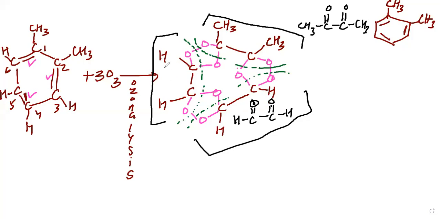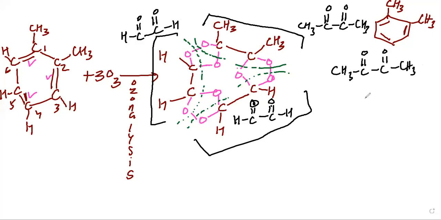And the same way, we are going to get H, then this C with double bond O, then again C and double bond O, and then H. So the first product is CH3, C double bond O, C double bond O, and CH3. Then we may get H, C double bond O, C double bond O, and H. And two molecules of this type we are going to get.